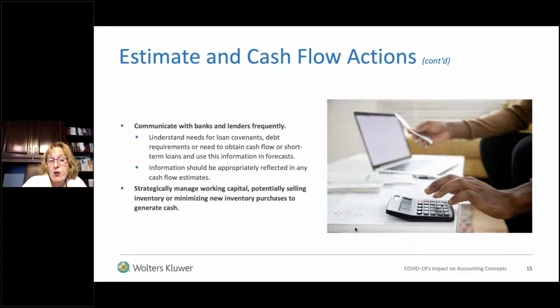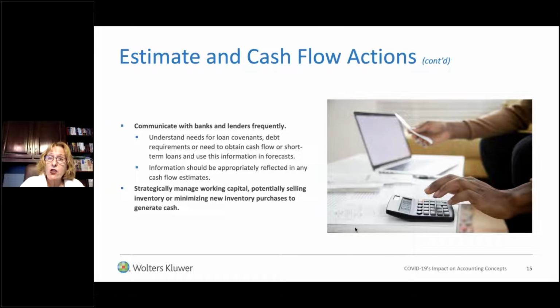Maybe what your debt requirements are, or your need to obtain cash flow or short-term loans, and use that information in your forecast. So it's really the whole process of communicating with your primary lenders that is significantly important right now. Information needs to be appropriately reflected in your cash flow estimates on a timely basis.